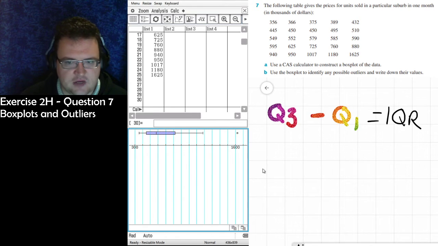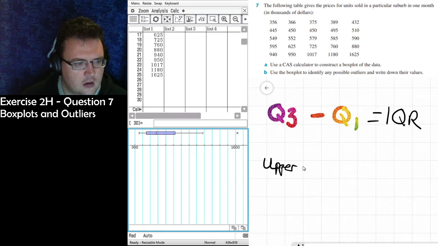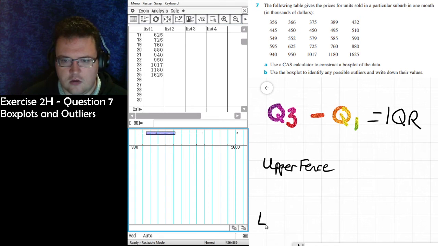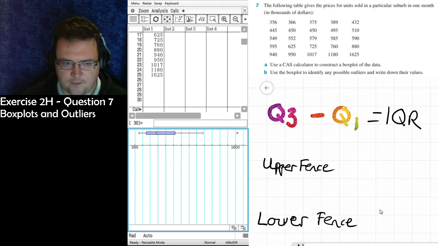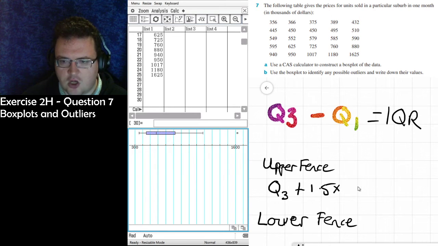Then what we need to do is find the fences. So we have our upper fence and our lower fence, and these are calculated using a formula. The upper fence is equal to Q3 plus 1.5 times the IQR.